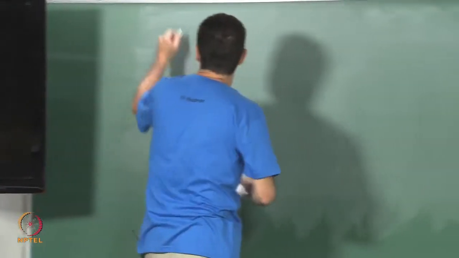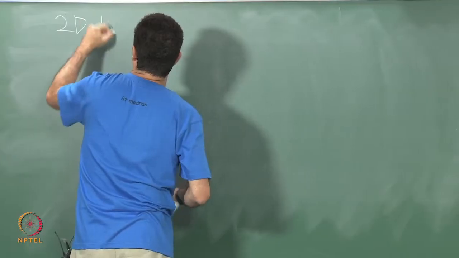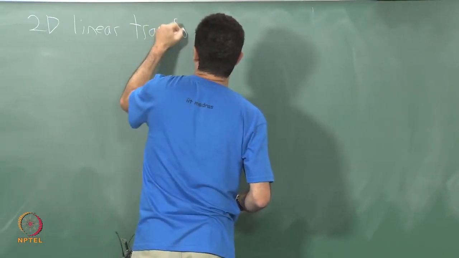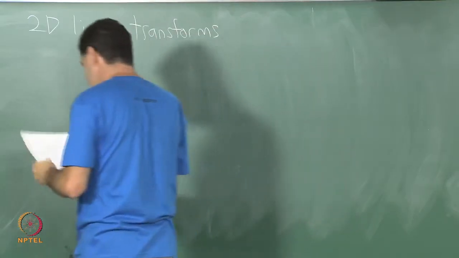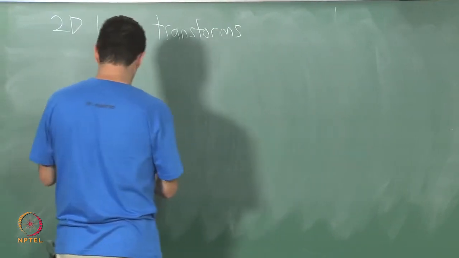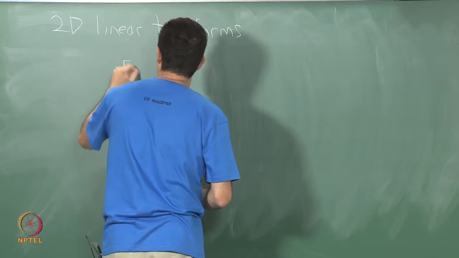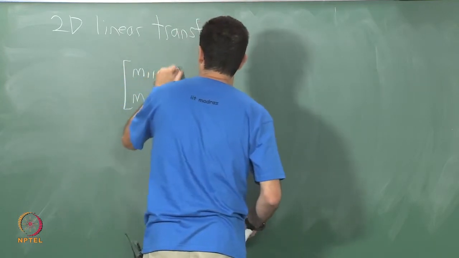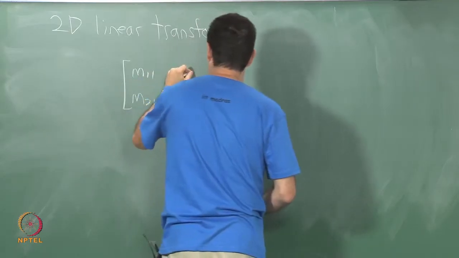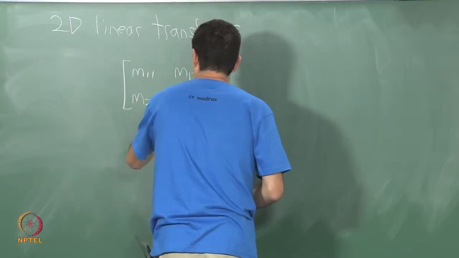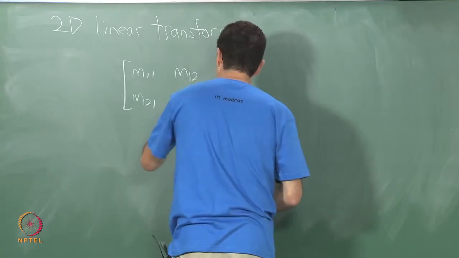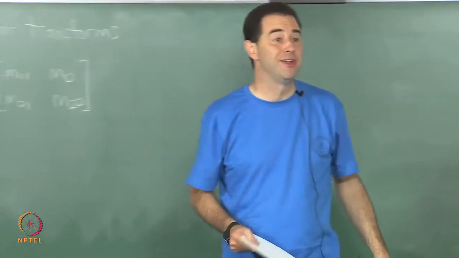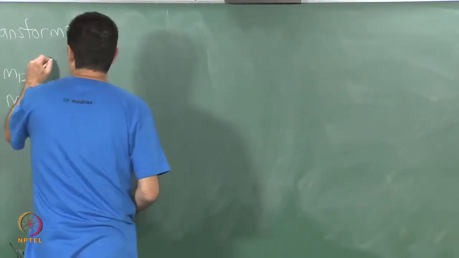So, let's think about 2D linear transformations. I will just have a 2 by 2 matrix M11, M21, M12, and M22, just a 2 by 2 matrix with real valued entries, and I have a 2-dimensional point.